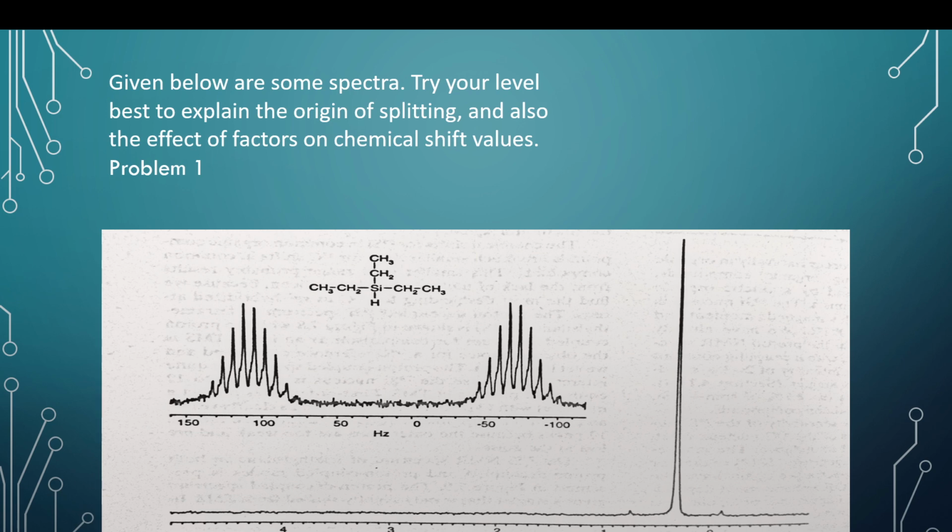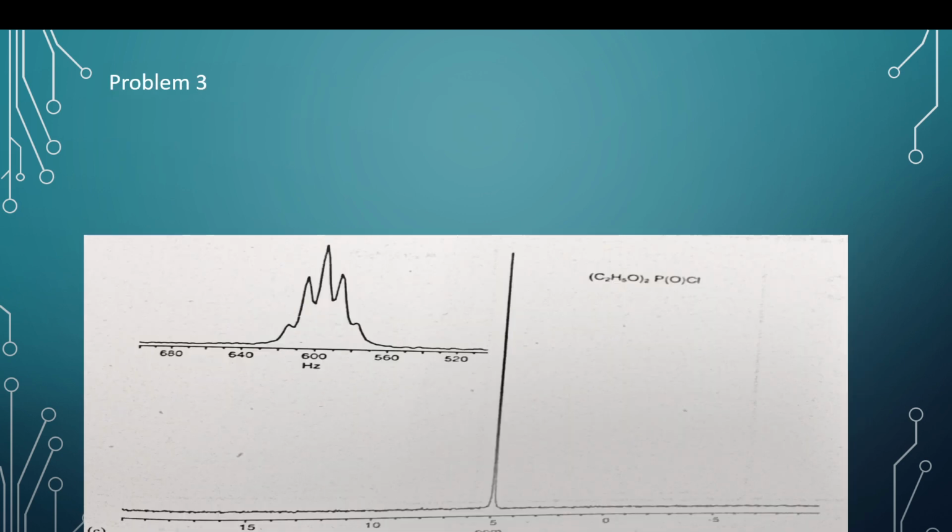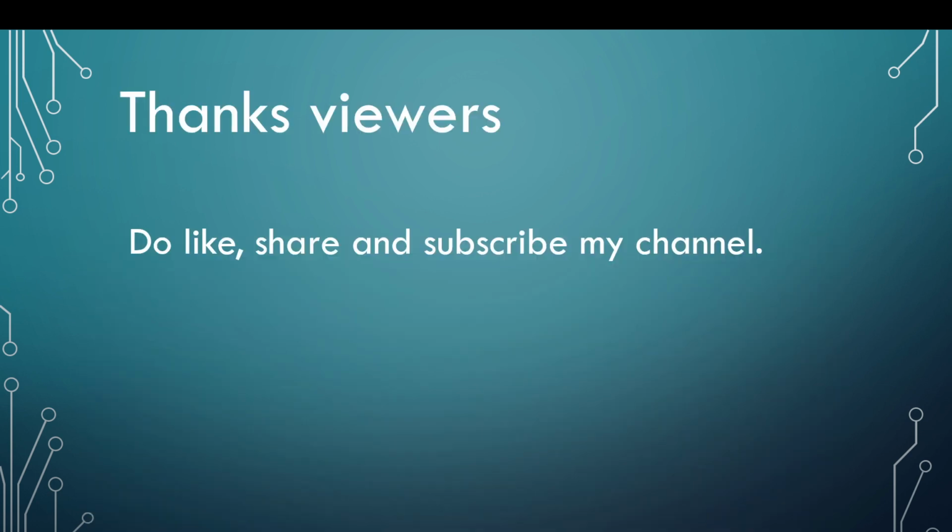And secondly, how is the multiplet originated? So these will be very useful for understanding purpose. Spectra number 1 here, spectra number 2 again for silicon, and spectra number 3 of phosphorus compound. For practice, we should do this.